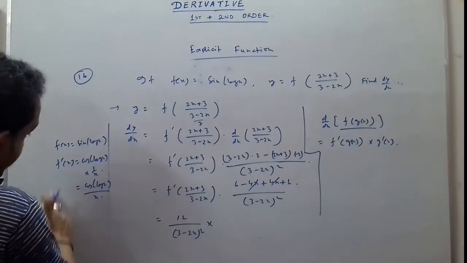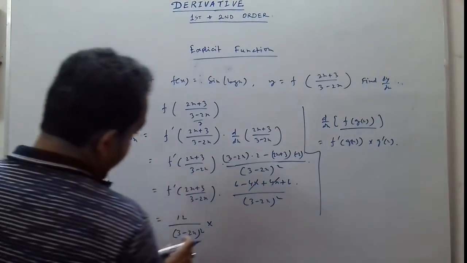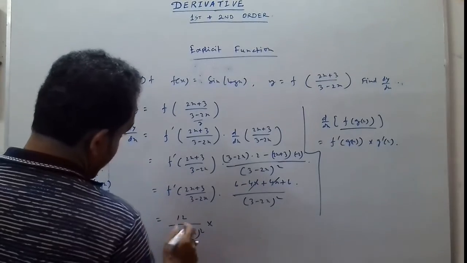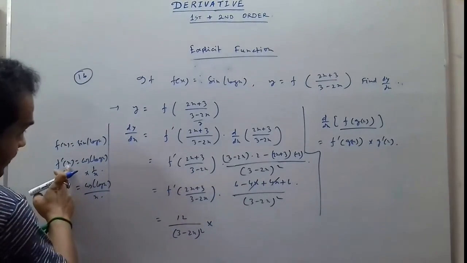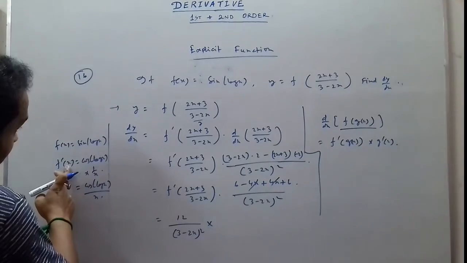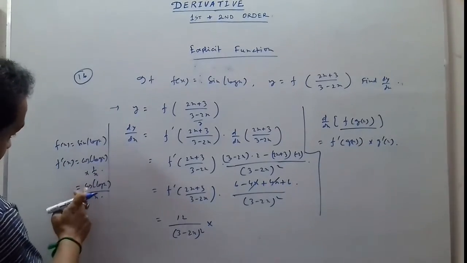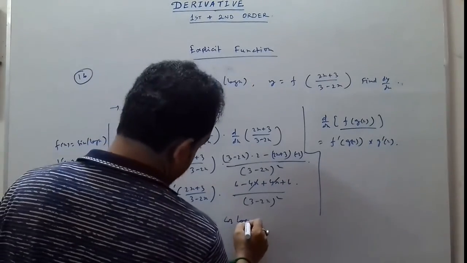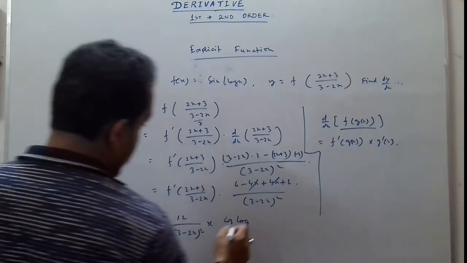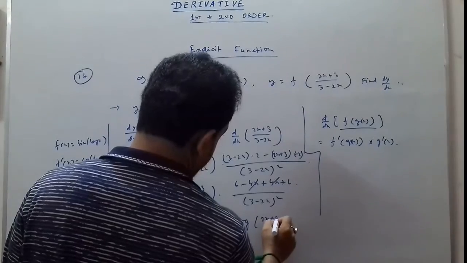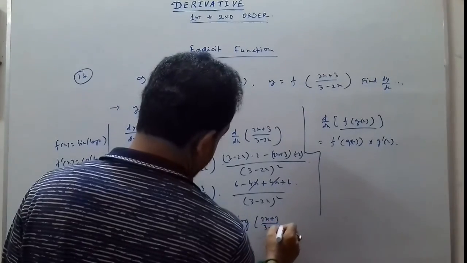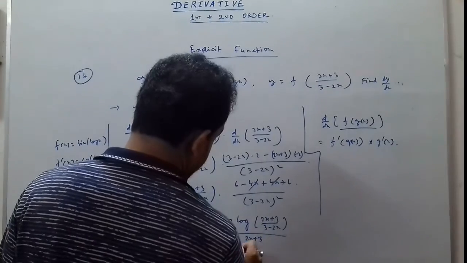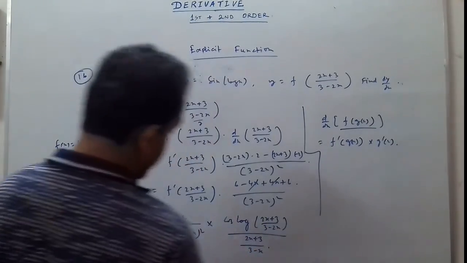Therefore f' of this one, replacing x by (2x plus 3) by (3 minus 2x), we get cos of logarithm of (2x plus 3) divided by (3 minus 2x), whole divided by (2x plus 3) divided by (3 minus 2x).